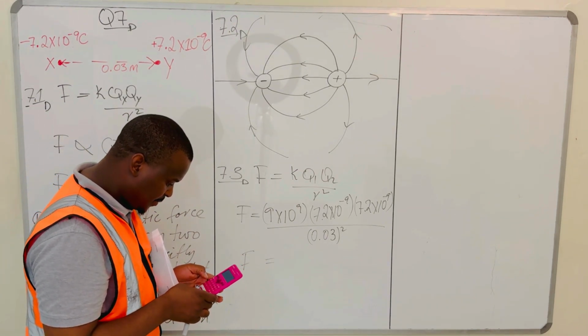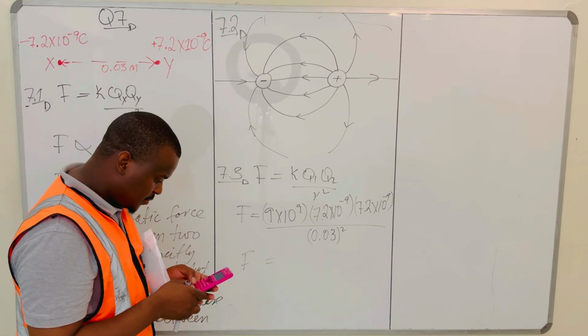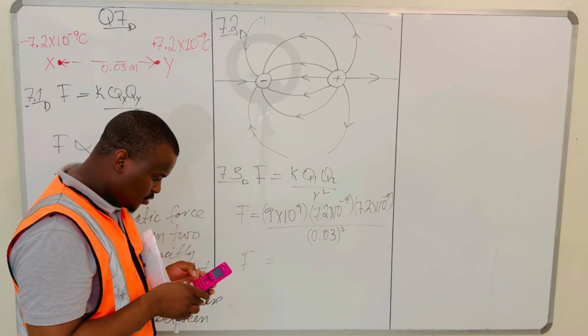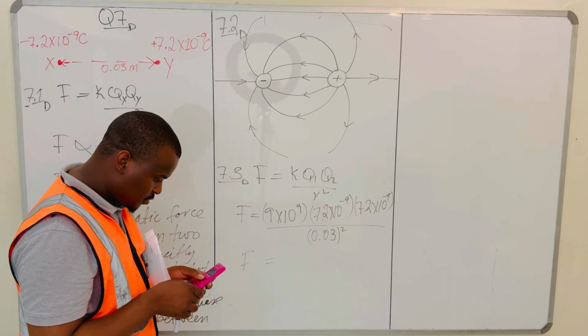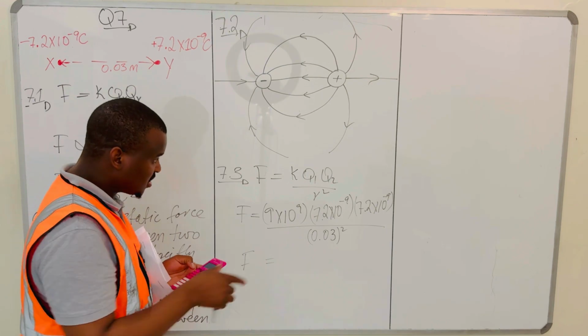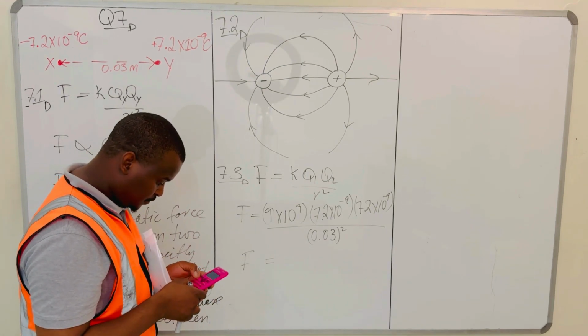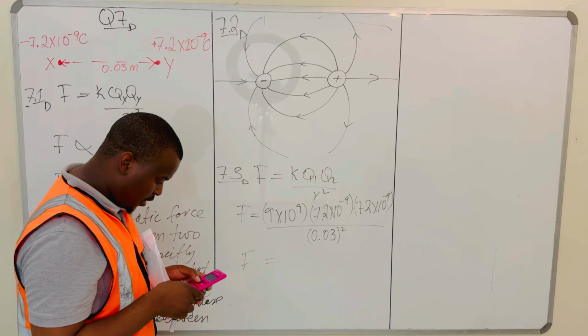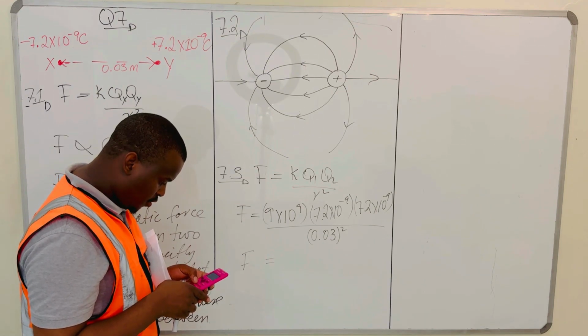So let's punch that in. 9 times 10 to the power 9 times 7.2 times 10 to the power minus 9, all divided by 0.03 all squared.